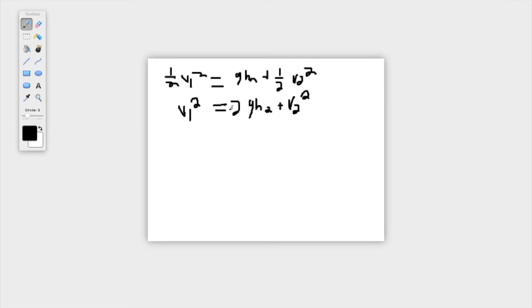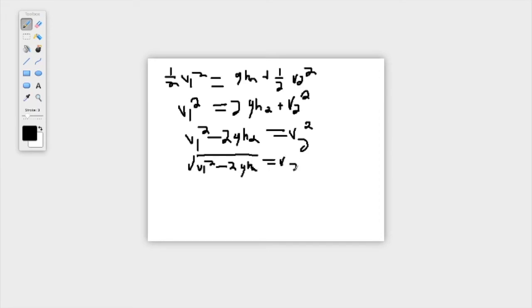So now we can solve it normally. So v1 squared minus 2gh2. So I subtract 2gh2 on both sides to isolate v2 squared. And then you square root both sides. So then you get the square root of v1 squared minus 2gh2 equals v2.